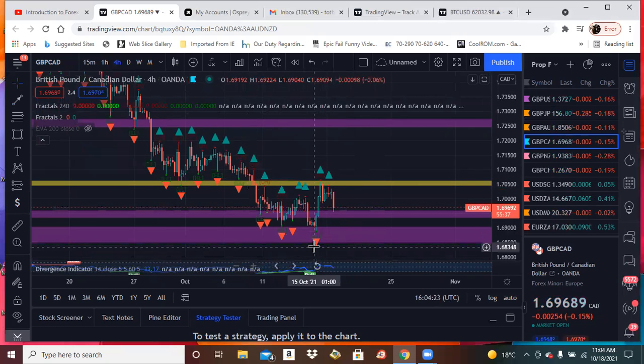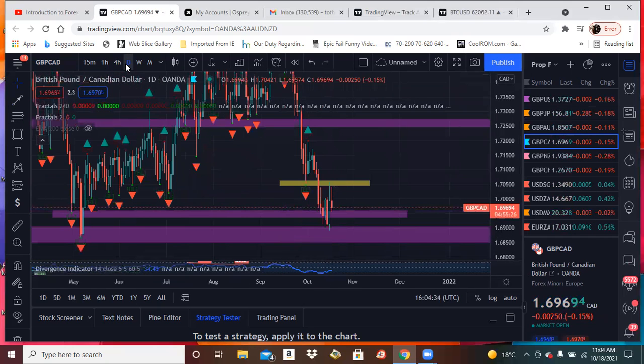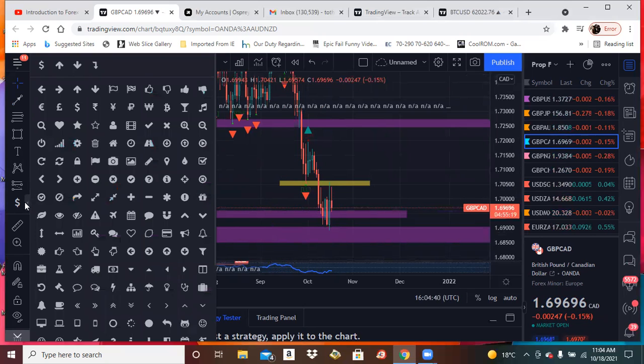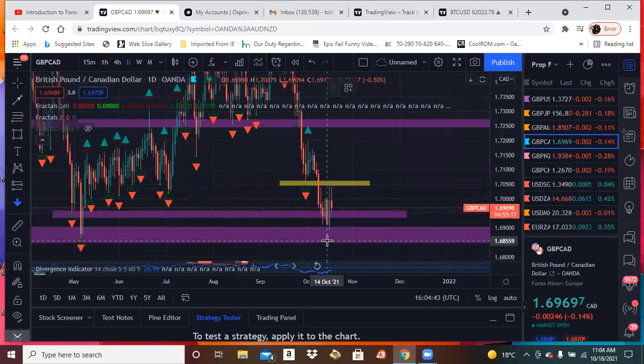But if this does not make a lower low and is making a good support in this area, then all those freckles will build up. And this is what's going to be anticipated, this move right here. So let's just say this thing is a freckle.